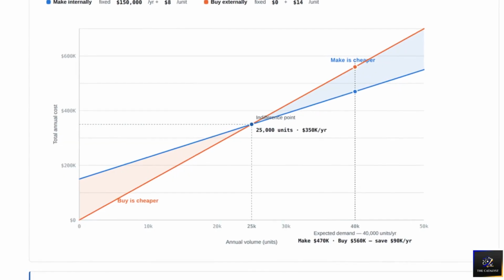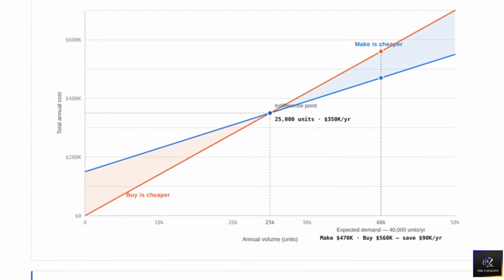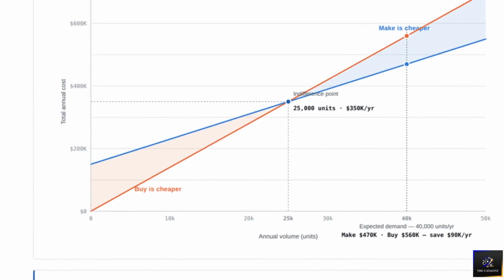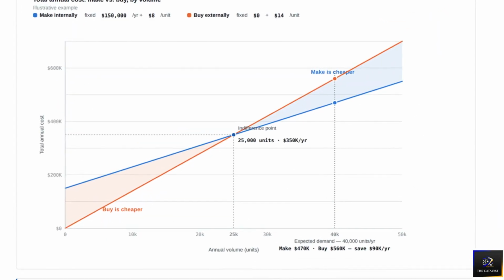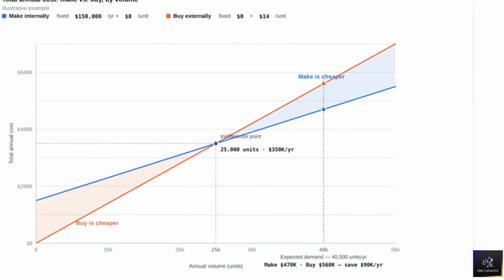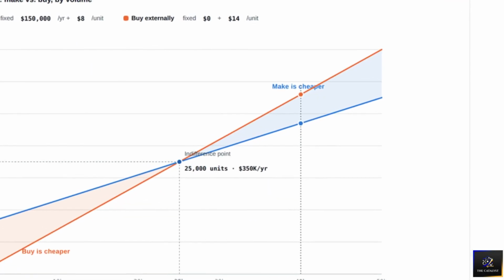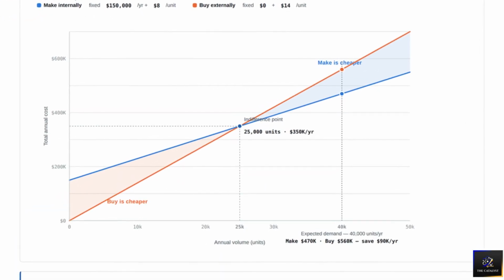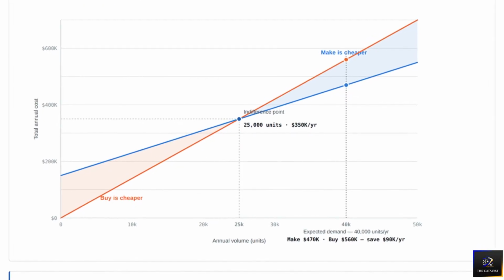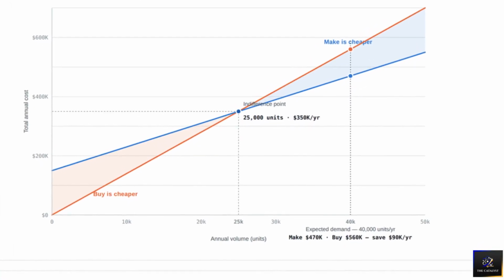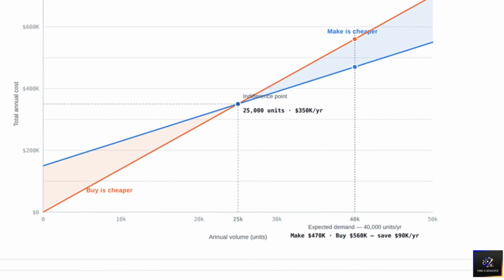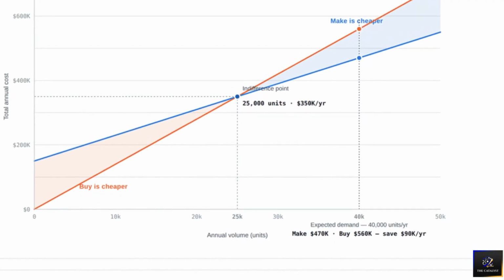External production typically has lower or zero fixed costs, but higher variable costs per unit. There is a specific volume above which internal production is cheaper and below which external production is cheaper. That volume is the break-even point of the make or buy decision, and it should be compared against expected actual demand before the decision is made.